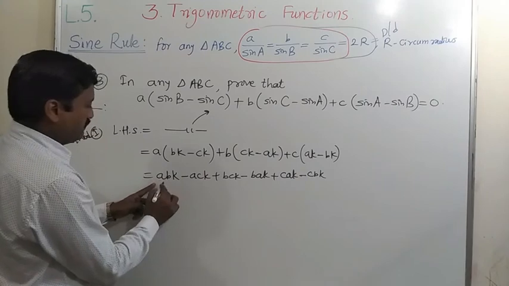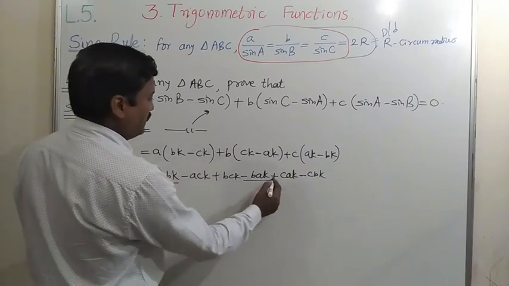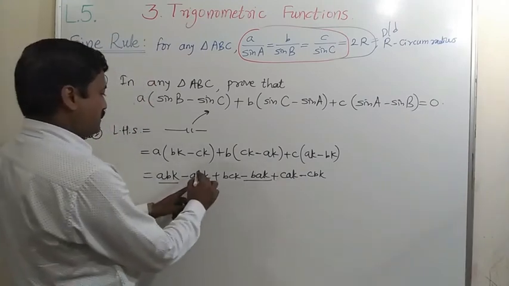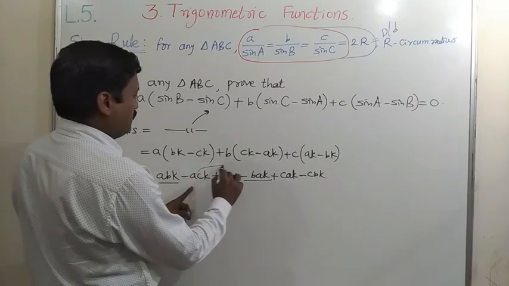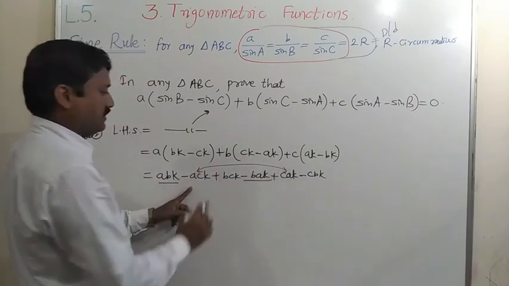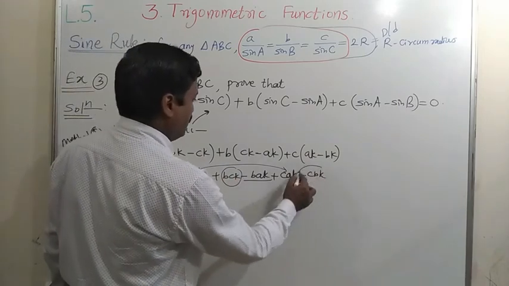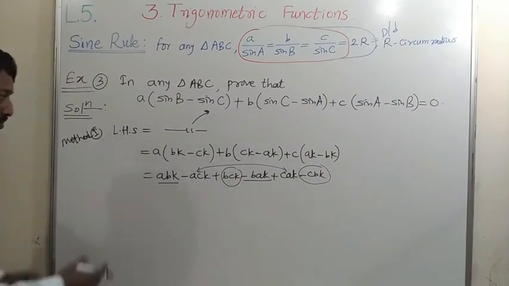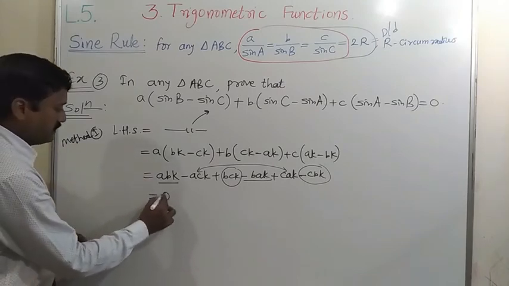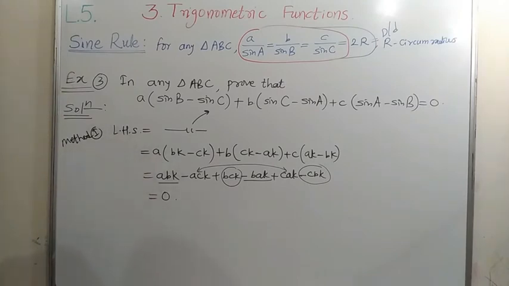This ABK and this BAK get cancelled. This minus ACK and this plus ACK get cancelled with each other. And this BCK plus this minus CBK. So we get answer equal to 0. So this is one way to prove this.